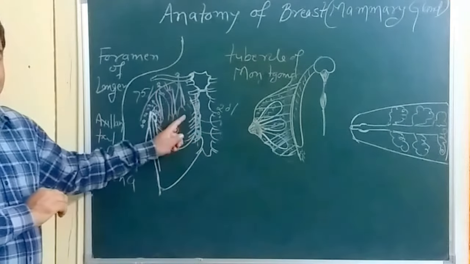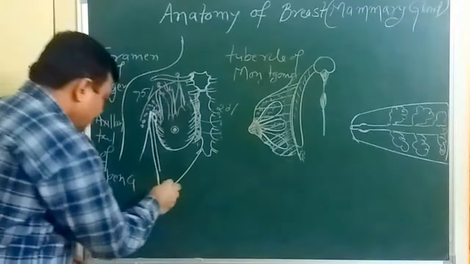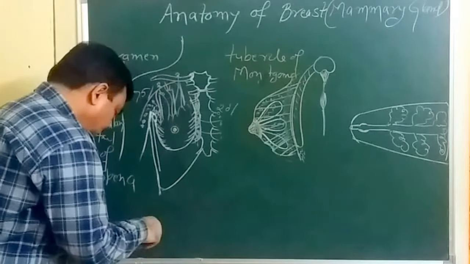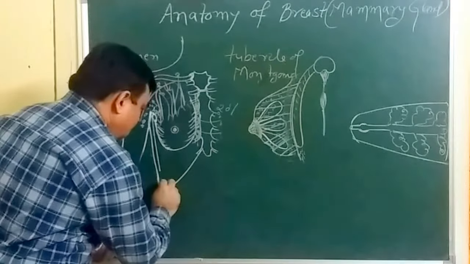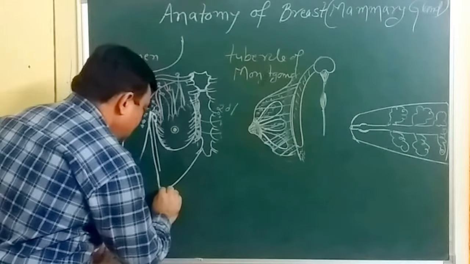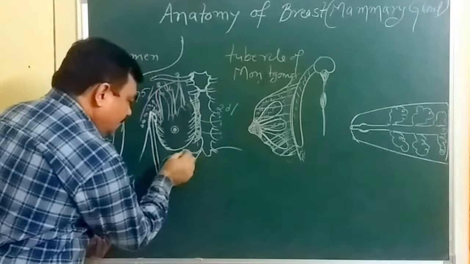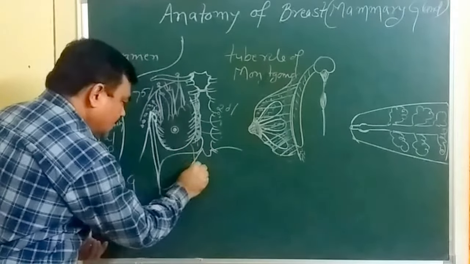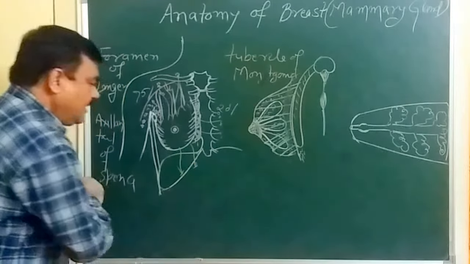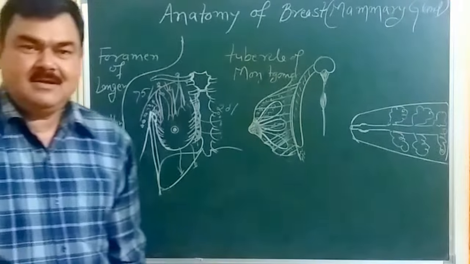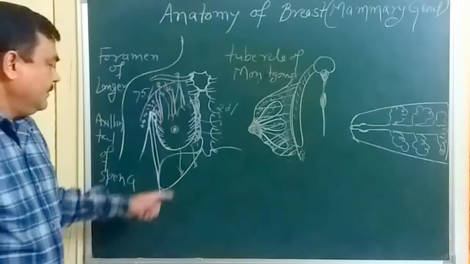And on another side where lymphatics go, here is the position of the diaphragm. Lymphatics may go below the diaphragm, to the subdiaphragmatic plexus.